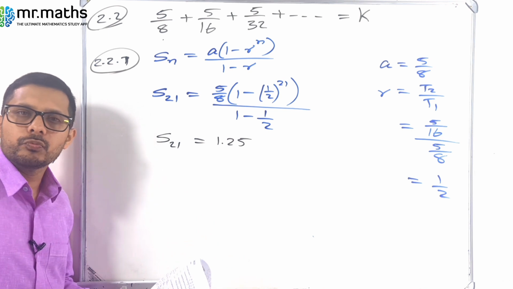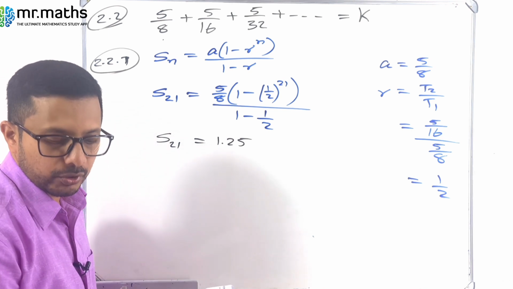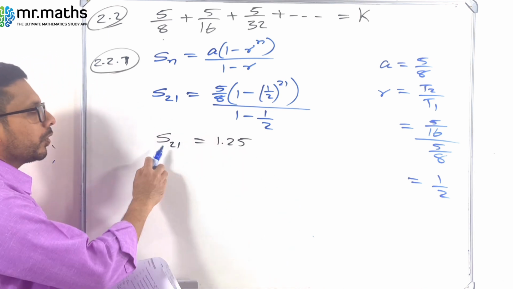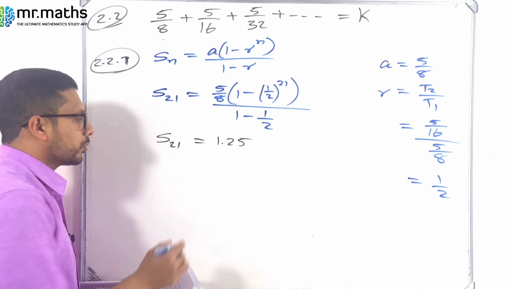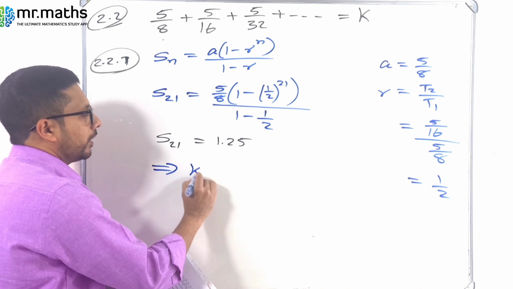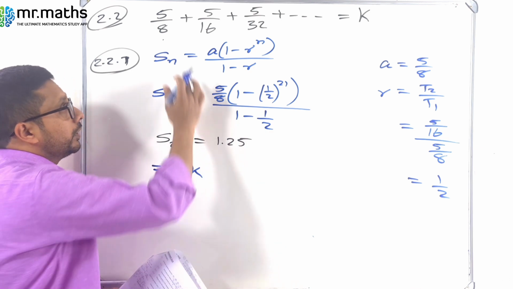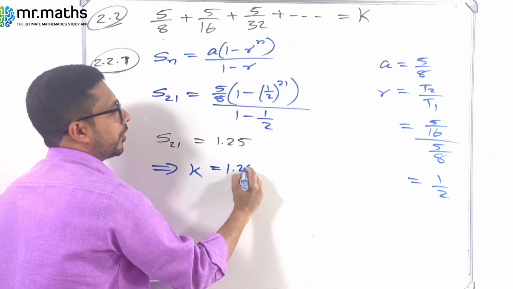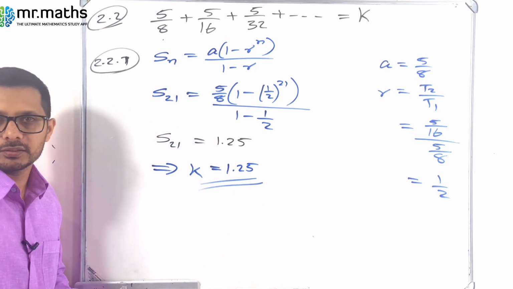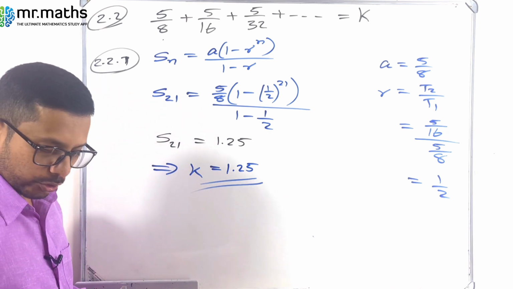So the sum of the first 21 terms is 1.25. That is actually k. The sum of the first 21 terms is represented by k, so it implies that k is equal to 1.25. So that is question number 2.2.1.